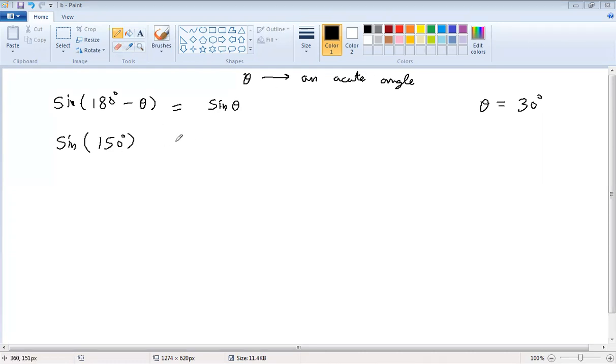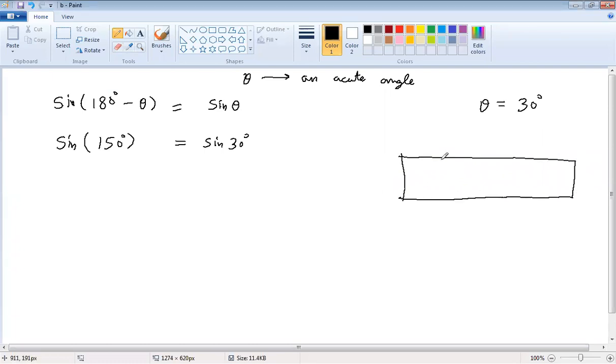So sine 150 is same as sine 30 degree. What is sine 30 degree? You remember the table of the values for the acute angles. Sir, 1 by 2. Yes, 1 by 2 for 30, for 45, for 60, you know.